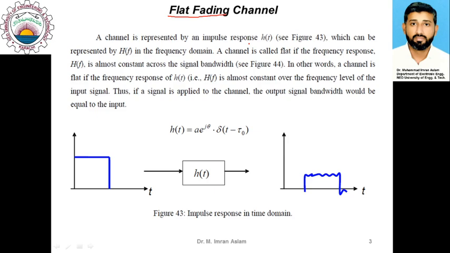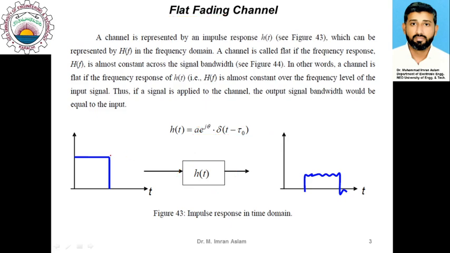So what does flat fading channel mean? Say, for example, we have a channel which is represented by its impulse response h(t). Of course, this impulse response would have this form, as we discussed in our last lecture as well: each component would have some delay, there will be some phase change, and there will be some amplitude response associated with each component.